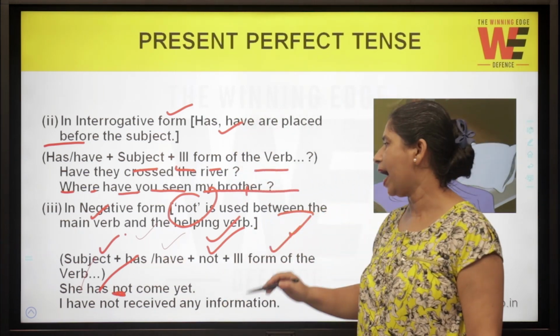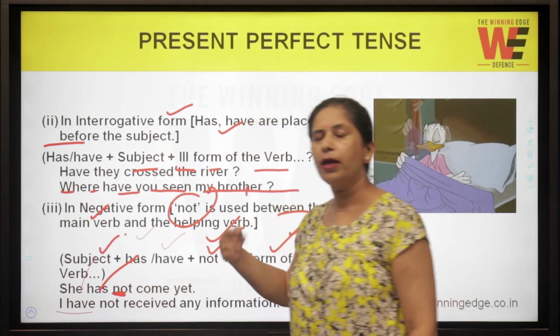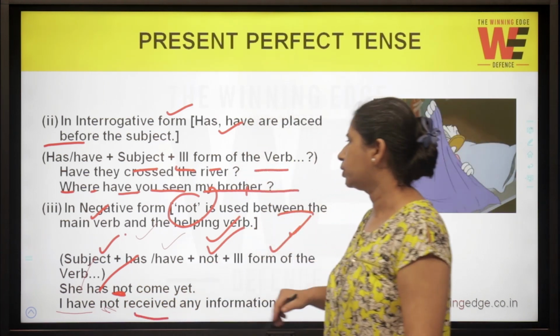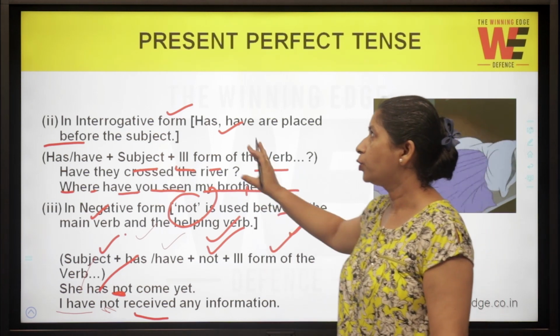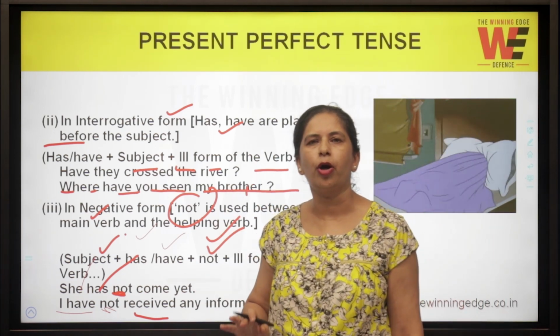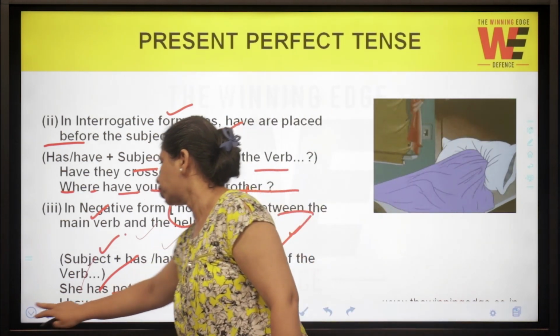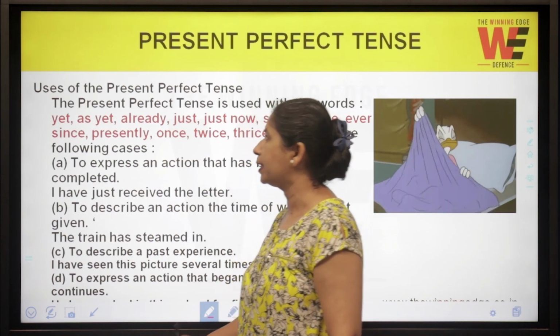Okay, I have not received any information, तो I के साथ क्या होगा आपका have. I have, not is coming first and then the third form of the verb. Okay, I have not received any information. So this you have to remember when we are talking about present perfect tense. Now we'll be practicing few questions also based on this present perfect tense, so your concept is clear.